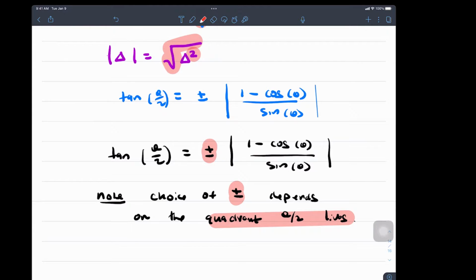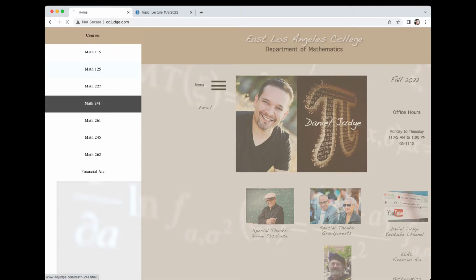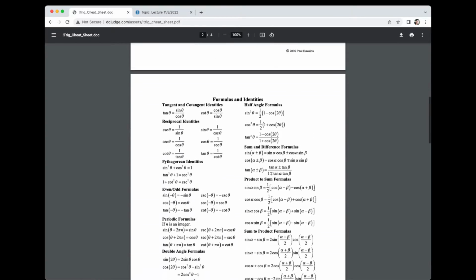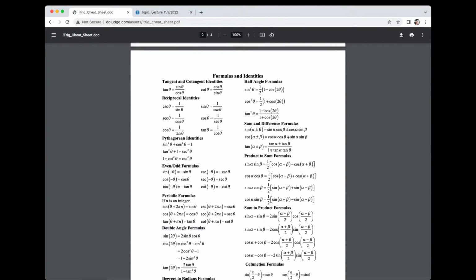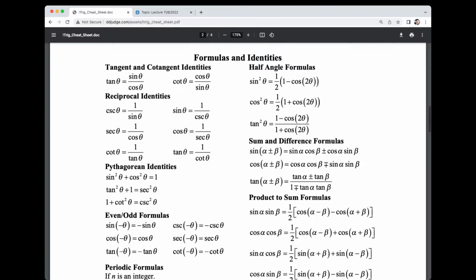So even if you look at your book, or let's look at, again, Math 241, you got this cheat sheet. We can see the half angle formulas above, not exactly in this way, in the upper right.